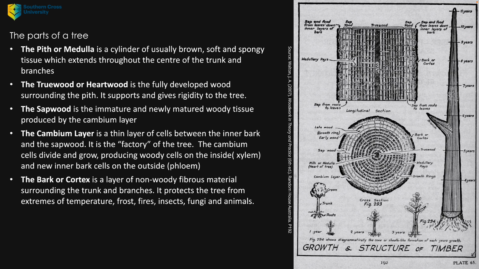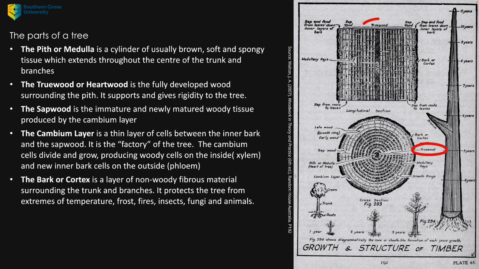So we've talked about the pith or medulla, and that's a cylinder of usually brown, soft and spongy tissue which extends throughout the centre of the trunk and branches. So they are those specific cells that grow in height and length, and then once they're covered by the cambium layer, they tend to rot out or die.